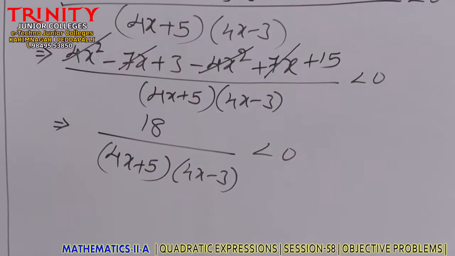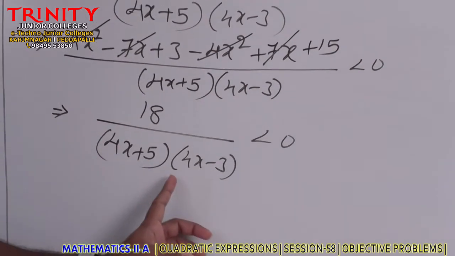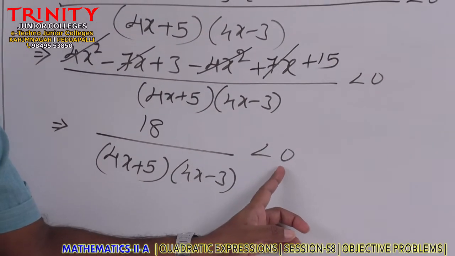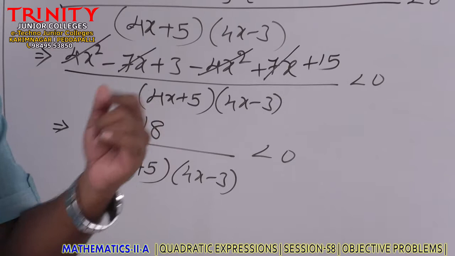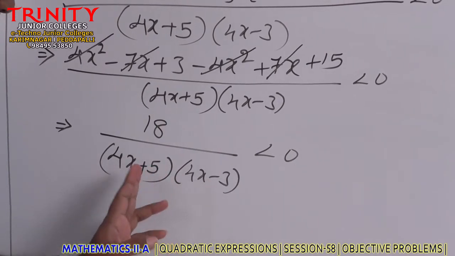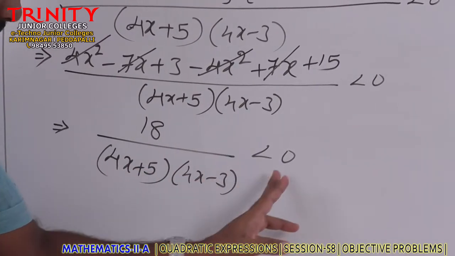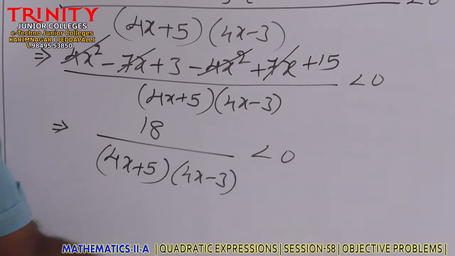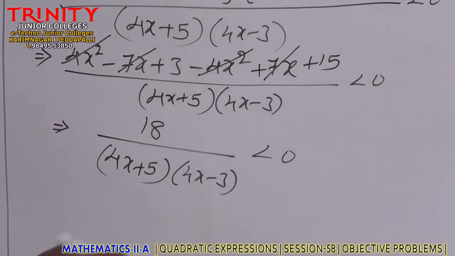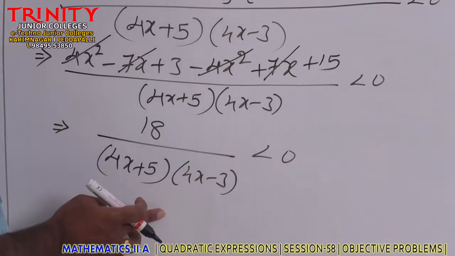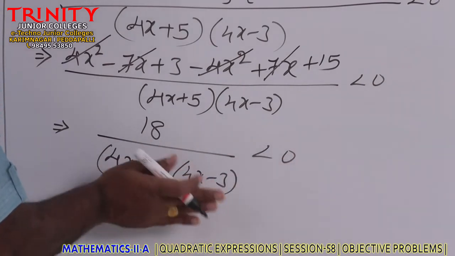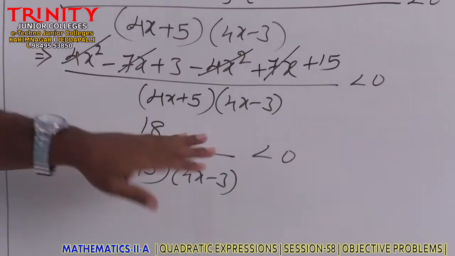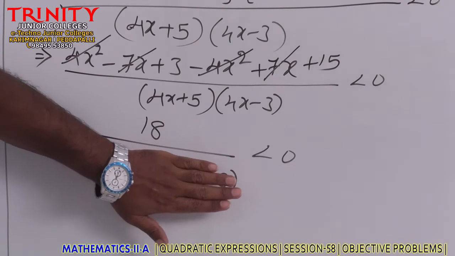Just now I said you don't multiply this denominator into 0. Now you can understand the reason. If you multiply the denominator with 0, 0 into something becomes 0, and we would get 18 is less than 0.